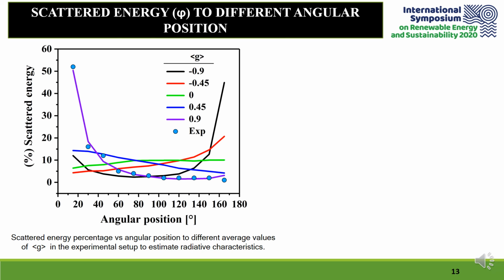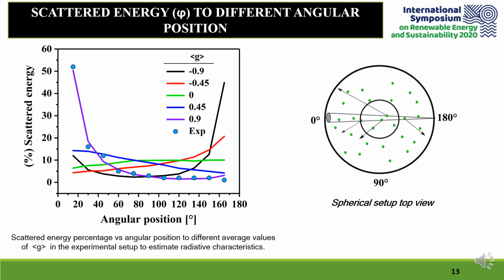This indicates that the energy dispersed by the microalgae culture is mainly frontward. The figure on the right side represents the different angular positions where the measurements were carried out. In order to obtain the different scattered energy profiles and to be able to estimate the symmetry parameter G, Monte Carlo simulations were carried out using experimental values of the radiative characteristics obtained in the previous stage of this methodology.